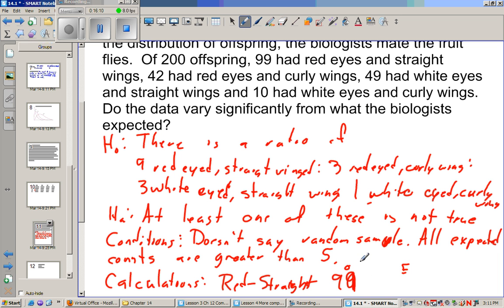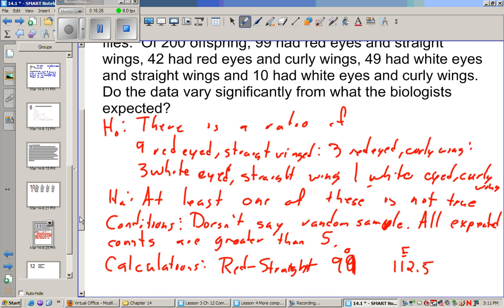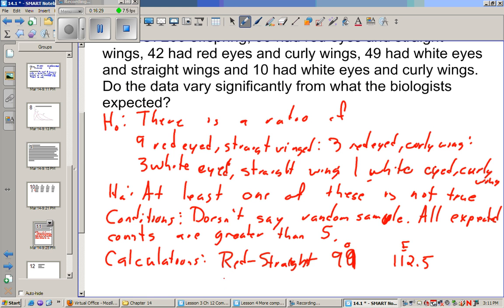The expected, well, we'd have 9/16 of them, or 0.5625, and if I multiply that by 200, my expected is 112.5. Now for red curly, my observed was 42, and my expected would be 3/16 times 200, which is 37.5.